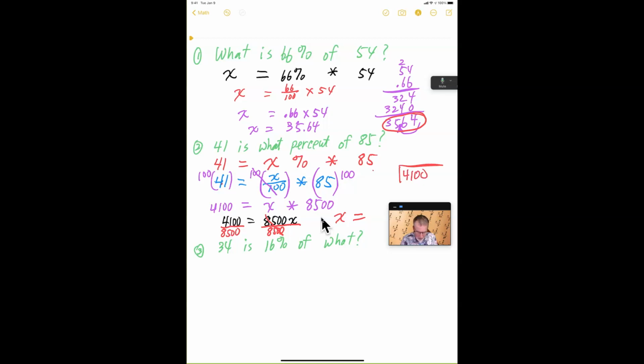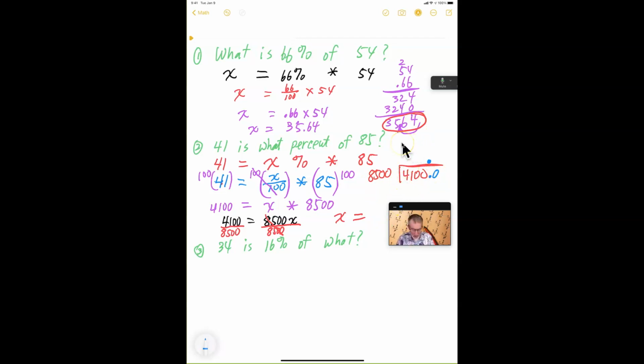divided by 8,500. So I already know 8,500 won't go into 4,100 evenly. So what I'm going to do is change colors for one thing. This is getting confusing. Let's go with blue. And put a decimal point here and one right above it on the line and add some zeros because maybe 8,500 will go into 41,000.